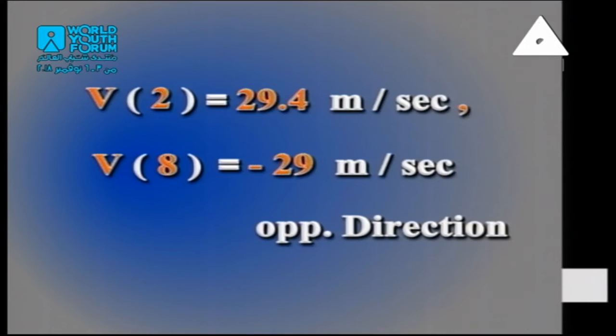This is retardation. On the return, velocity equals negative 29.4, but when projected upward, the velocity after t equals 2 was 29.4 meters per second. But V at t equals 8 equals negative 29.4 meters per second, in the opposite direction, since the stone is returning back.